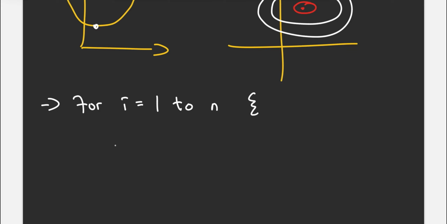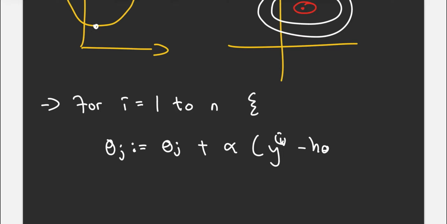And what it does is it runs through and updates every value of theta. Okay, so theta j plus alpha times y i minus h theta x i, times x j for i, for every j.